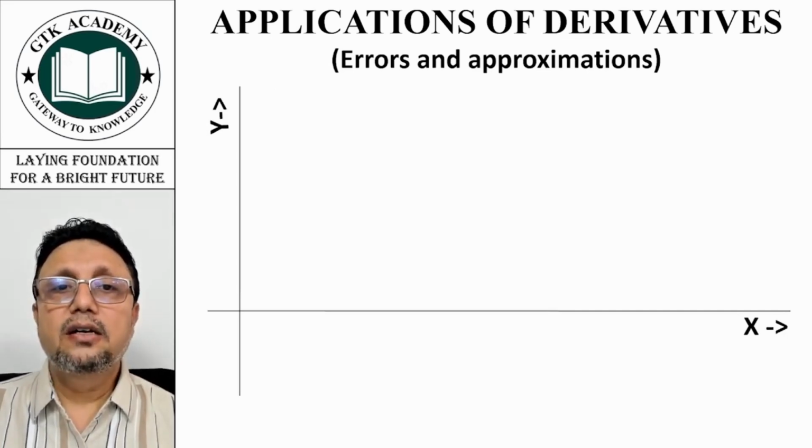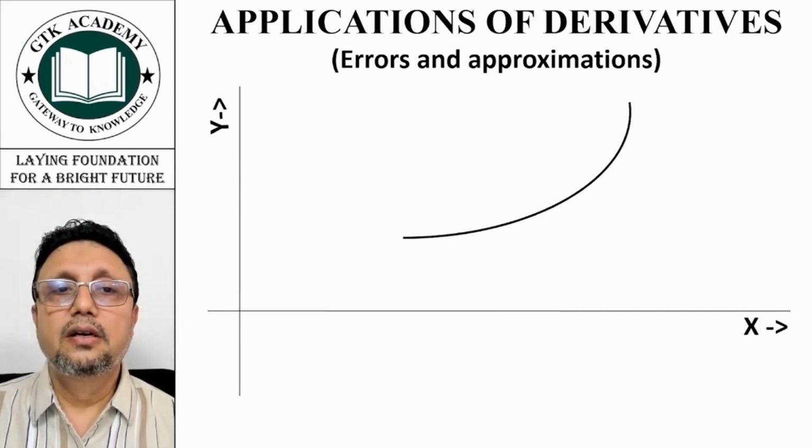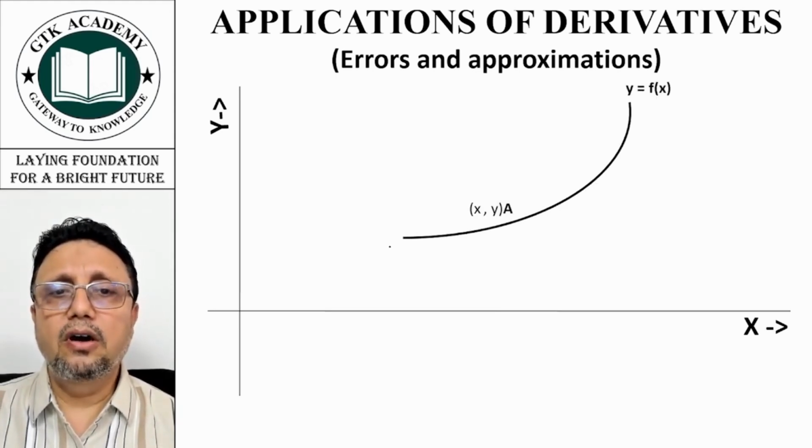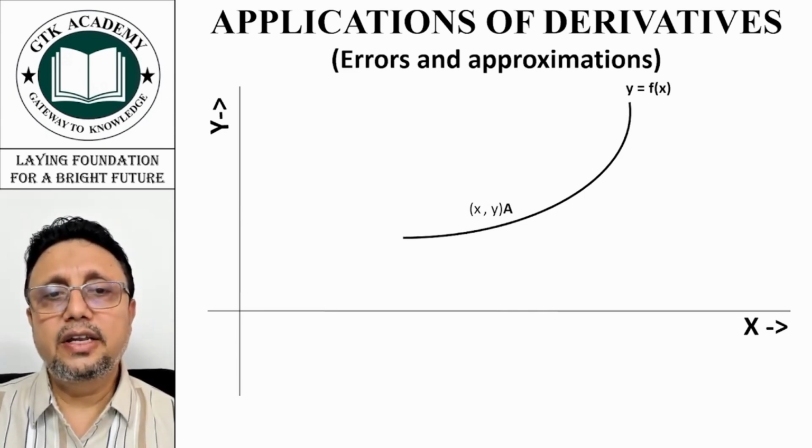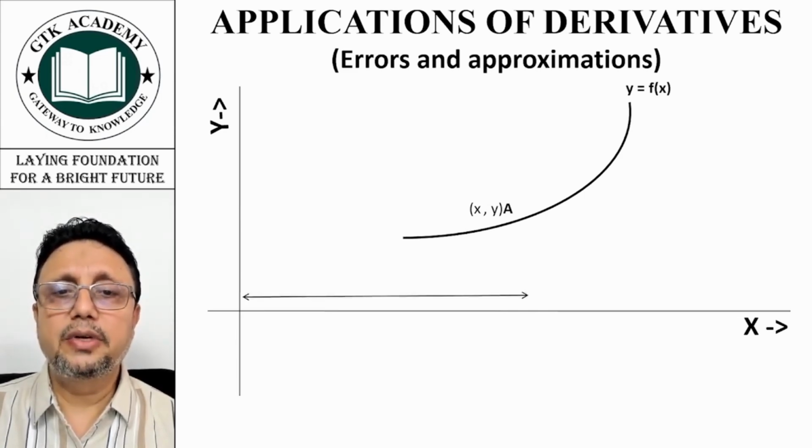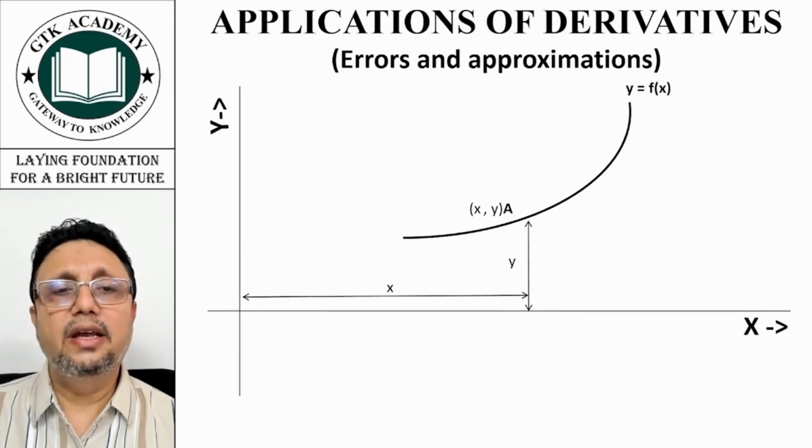Now let's start the topic. Say you have a function y is equal to f(x). On this curve, we have a point A and the coordinates of A are x and y. That means this is x and this is y.